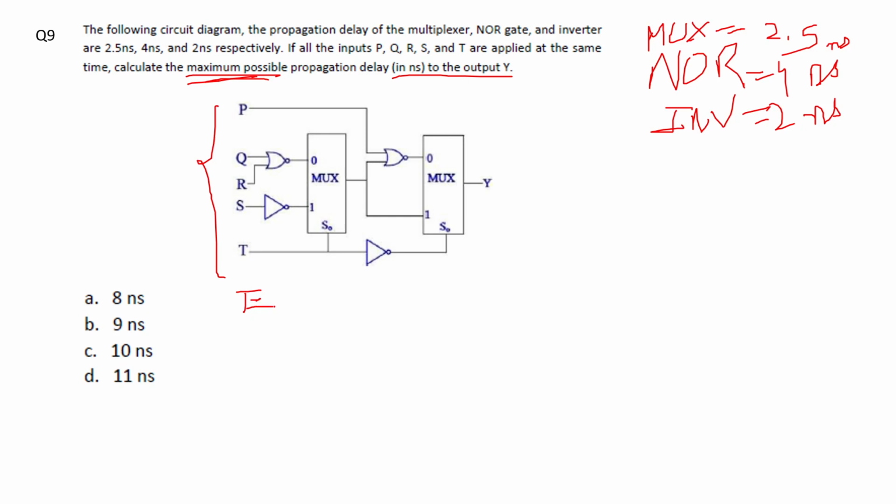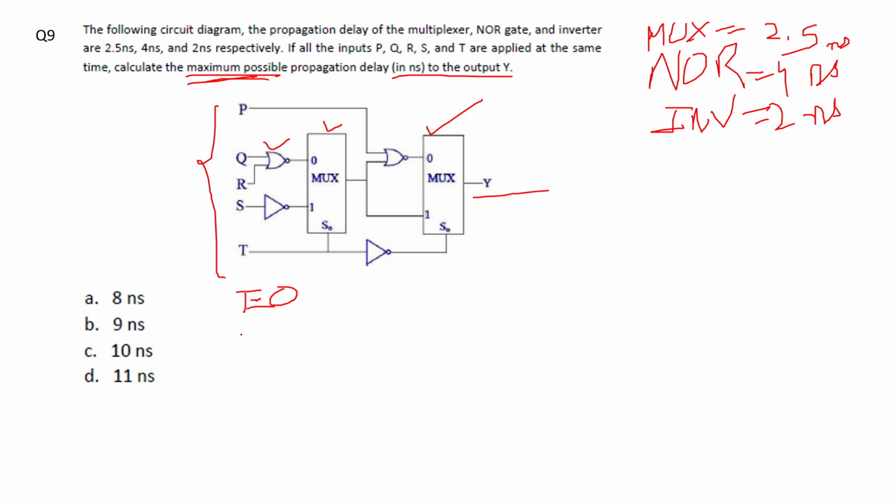So when T is equal to 0, this path will be selected. So this NOR gate followed by this mux, and then we have this mux also, and then finally the output.